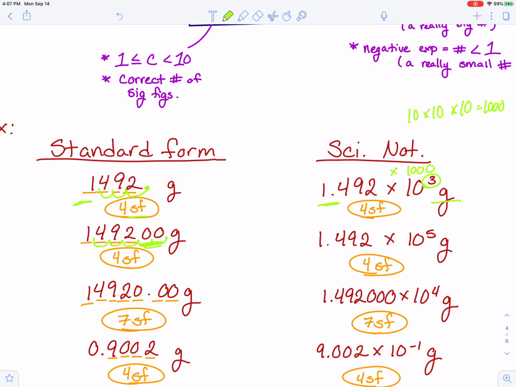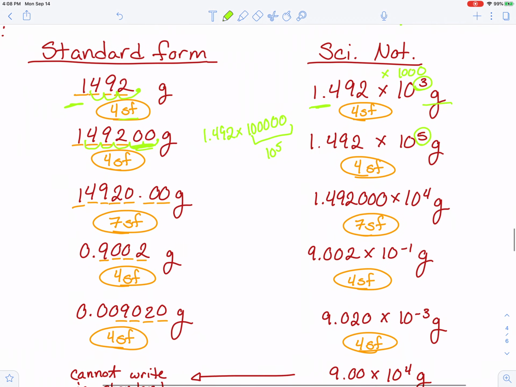So it's going to be 10 to the 5th, because this number is actually 149,200. So it really needs to be 1.492 times 100,000. So 100,000 is the same as 10 to the 5th.